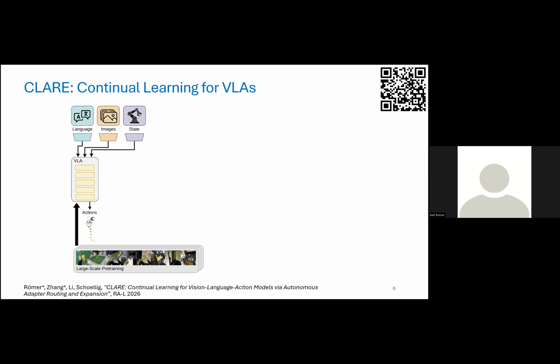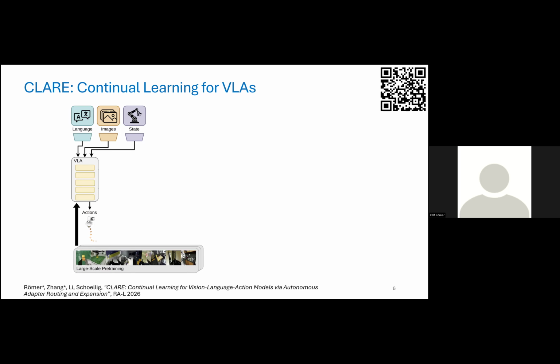So the method that we propose is called CLARE, which stands for the title that I showed at the beginning. We do continual learning for VLAs, which means these are robot foundation models that take in language, images, and usually the state of the robot as input.